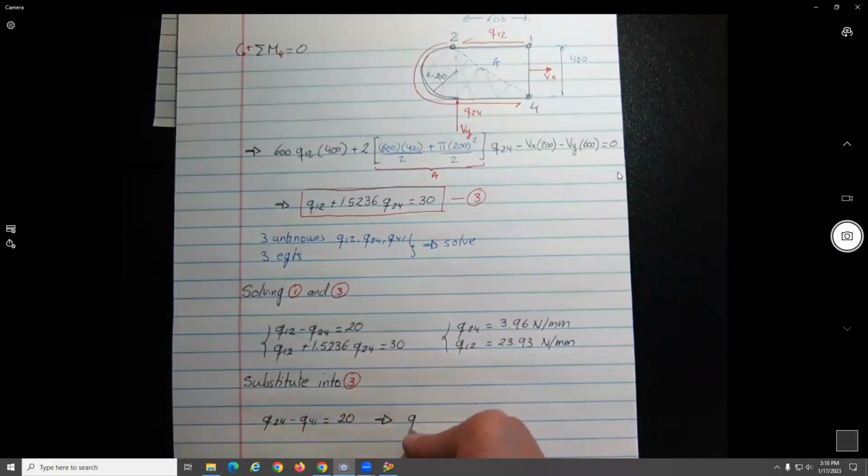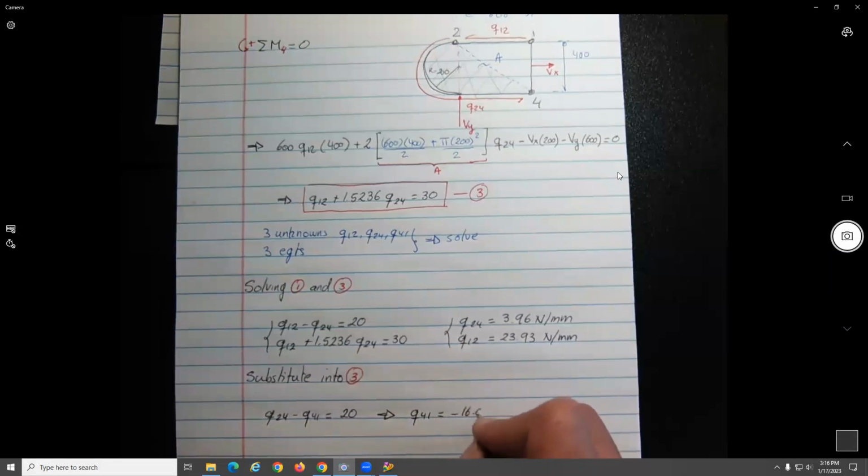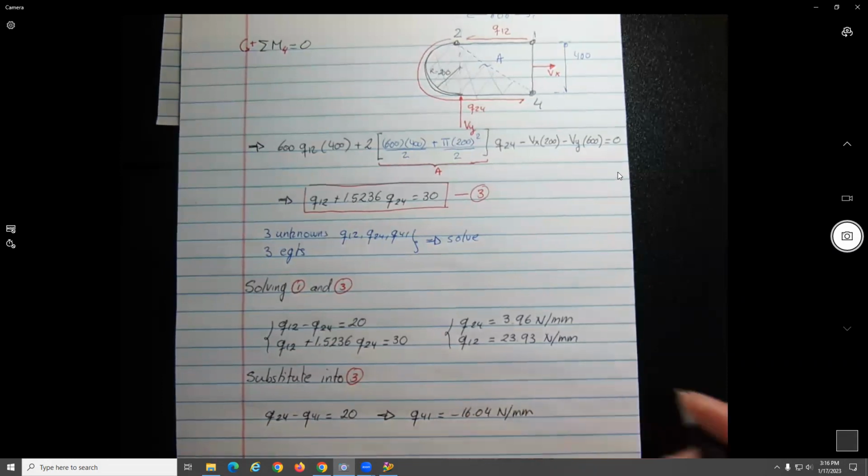So from here you get Q41 equal to minus 16.04 newtons per millimeter.